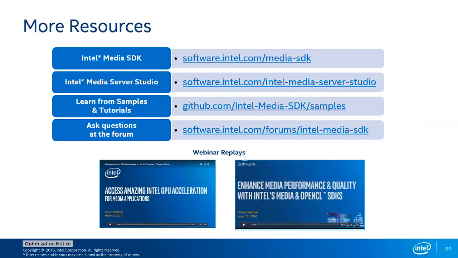The primary supported OS is CentOS 7.2, but we also have a generic install. That means we provide all the components that you would need to port to other distros. We can offer a little bit of guidance on how to do that, but the main distro that we're focusing on is CentOS 7.2.